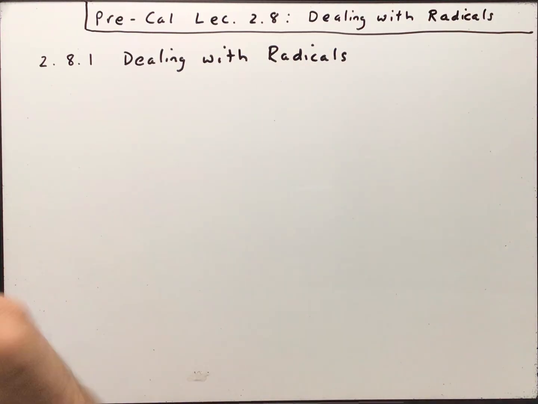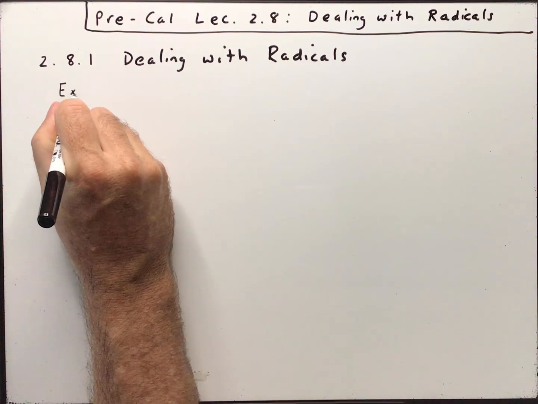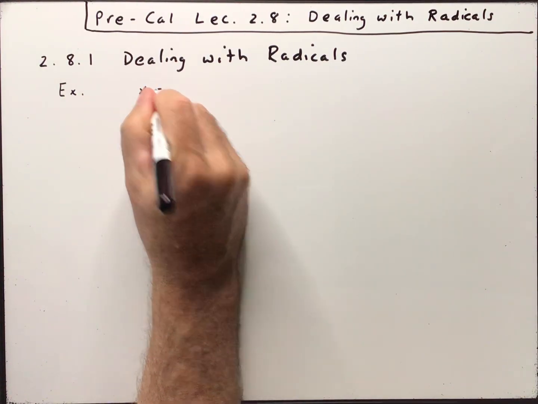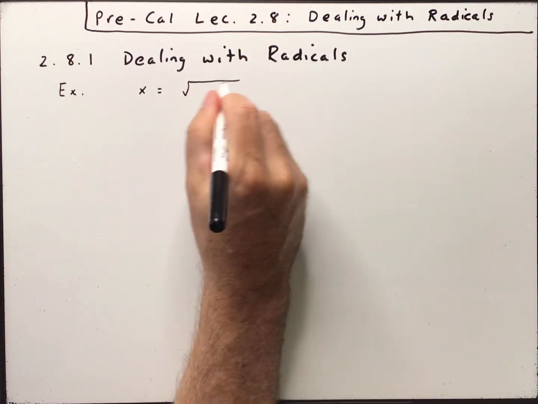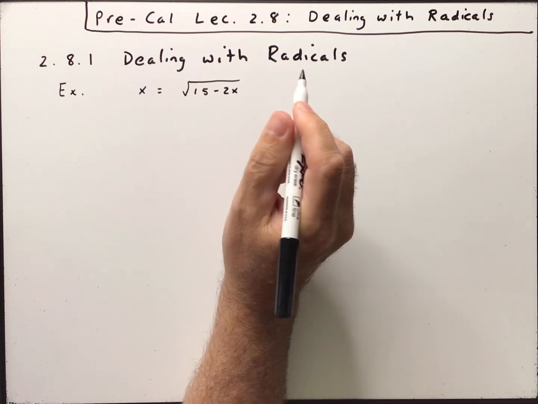All right, let me get a new marker here. Okay, so our first example, let's say we have x is equal to the square root of 15 minus 2x.